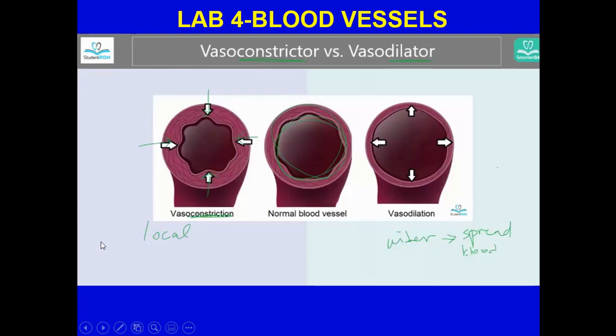Now, keep in mind when I talk about vasoconstrictor versus vasodilator, this can occur not only because of sympathetic nerve activity, but it can occur via drugs, various medications, etc. With vasoconstriction, you have a reduction in lumen diameter as compared to the normal blood vessel. And then you have vasodilation, which is a vast increase in the lumen, and hence you would have less resistance and a lower blood pressure.